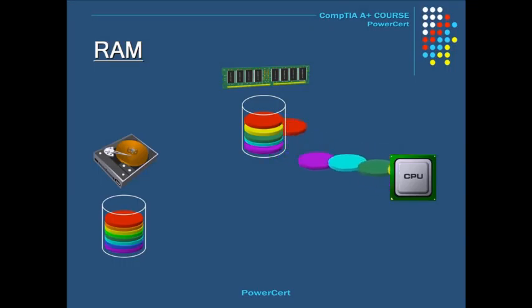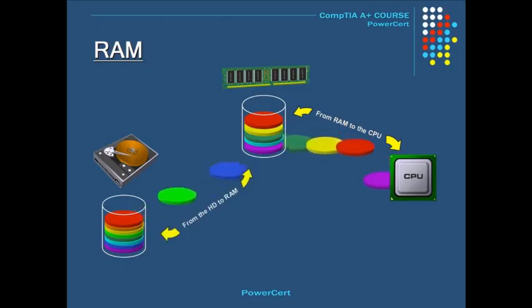Now, a lot of times, if the memory is too low, it might not be able to hold all the data that the CPU needs. And when this happens, some of the data has to be kept on the hard drive to compensate for low memory. So instead of data going from RAM to the CPU, it has to do extra work by going back to the hard drive.